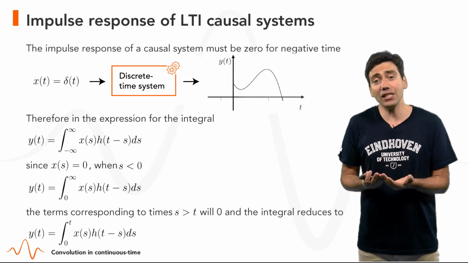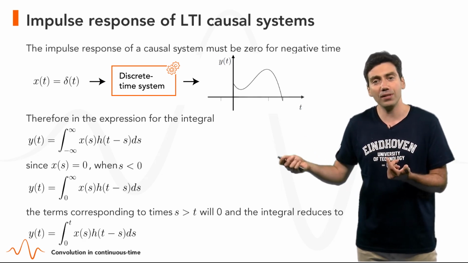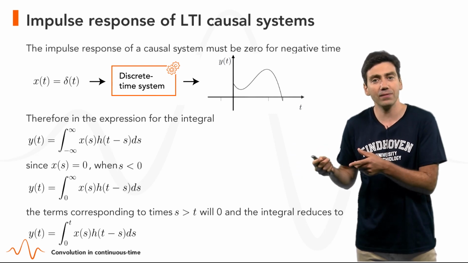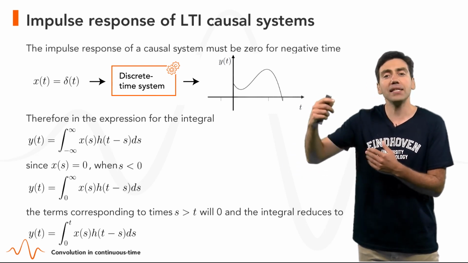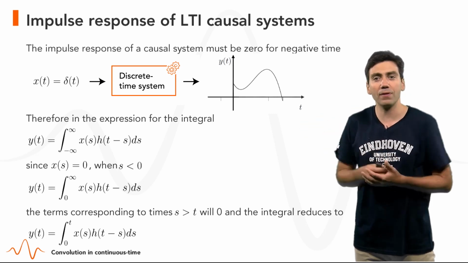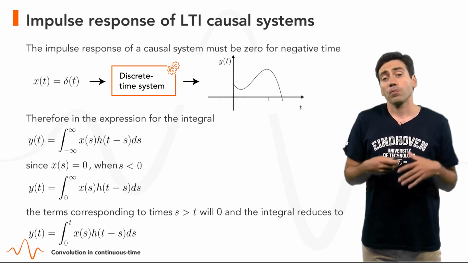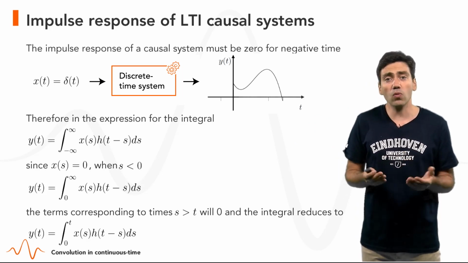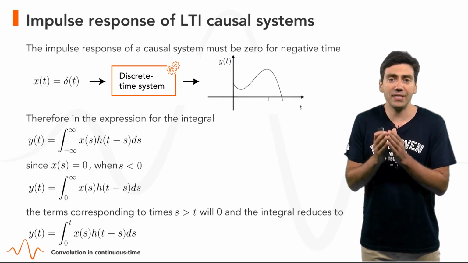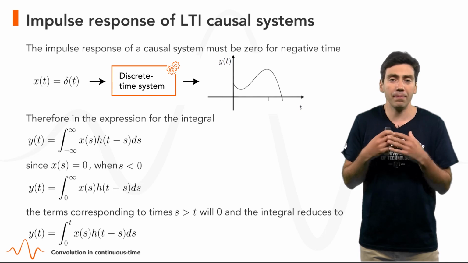And then since h of t minus s is 0 if s is larger than t, because the argument becomes negative, we can replace the upper limit, which was before infinity, by t. Also here, if the system is causal, we must have an impulse response which is 0 for negative time, so this formula is very important in many cases.